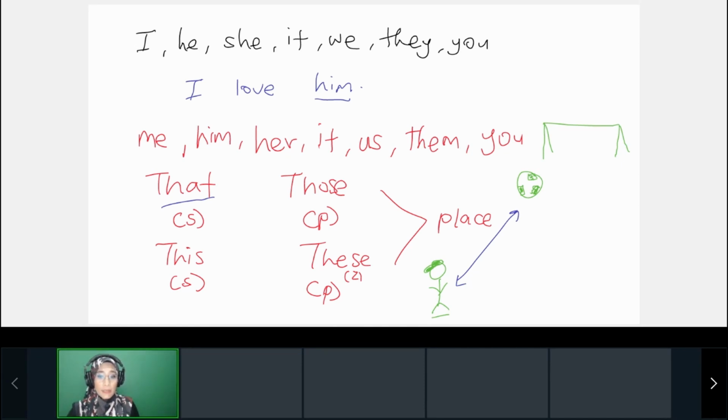Therefore, you can say that ball is over there. You are pointing, or showing, that the ball is actually over the other side of the field, maybe. But it depends on where you are at. So you can say that ball is over there.